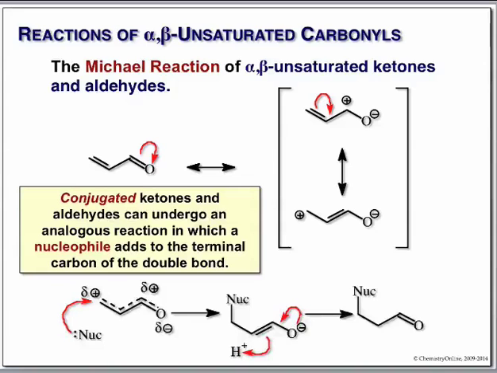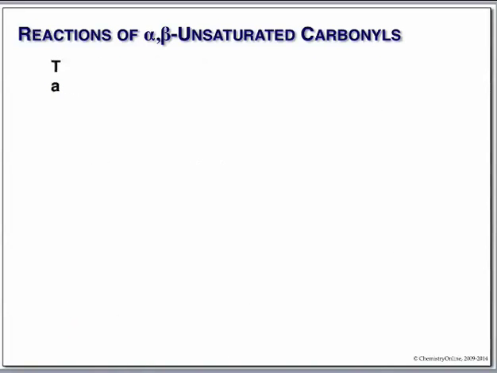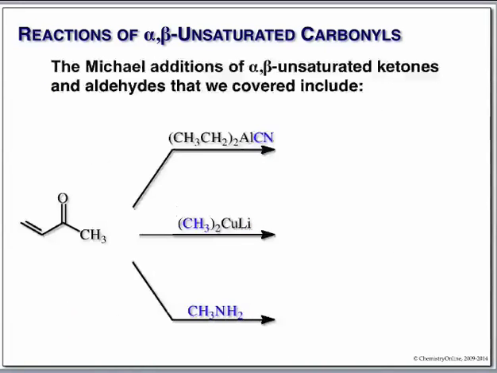So let's review the reactions that we know that undergo simple Michael addition. We said we could add cyanide using either HCN or the reagent of choice, which is actually diethyl aluminum cyanide. What happens is simply cyanide attacks our beta carbon and we form the addition intermediate.